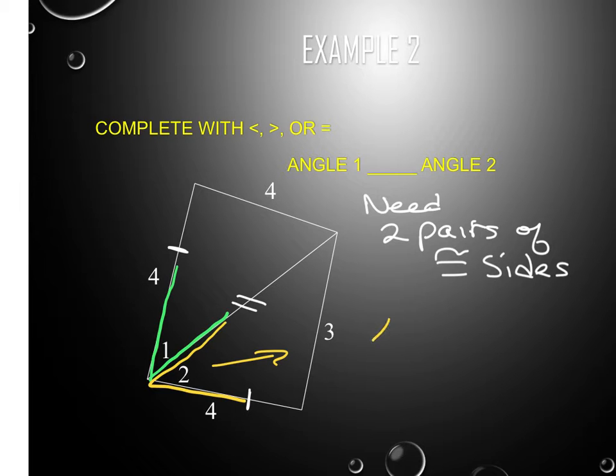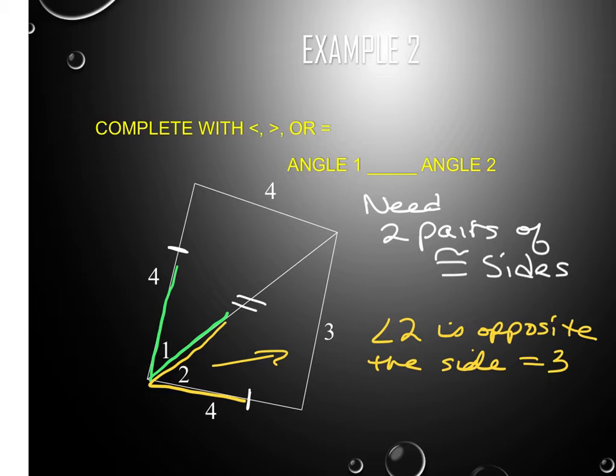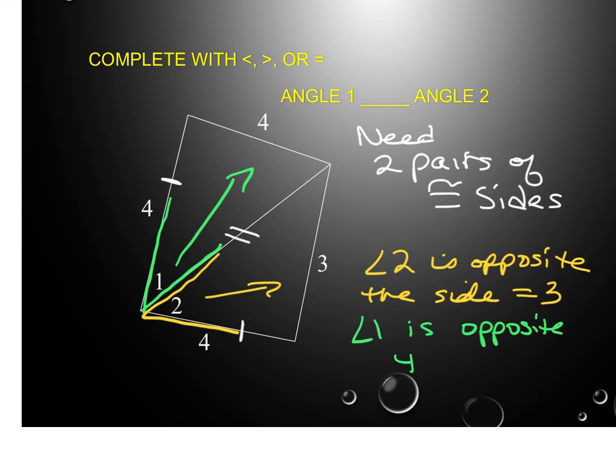So angle 2 is opposite the side that equals 3, and then angle 1 is opposite the side that equals 4, making angle 1 the bigger angle. So angle 1 is greater than angle 2.